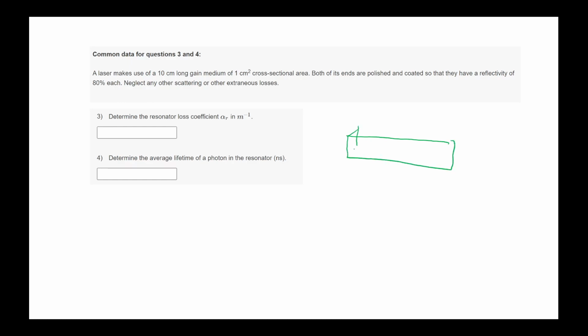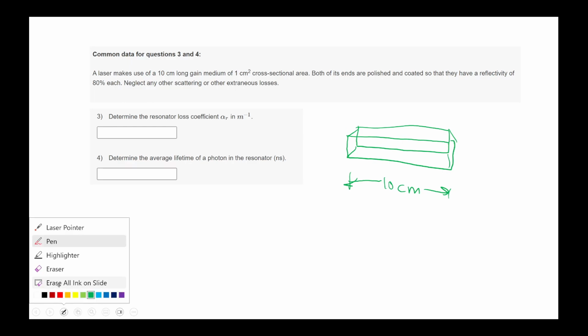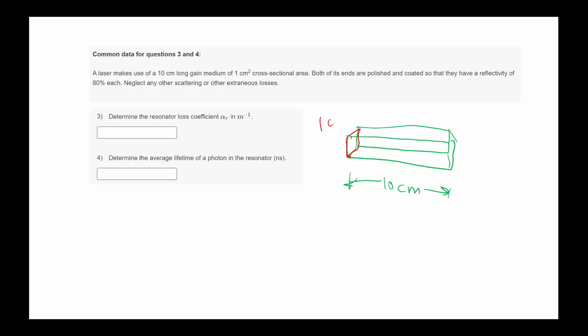This is the cavity, 10 centimeter long, and this cross-section we can say is 1 centimeter square.